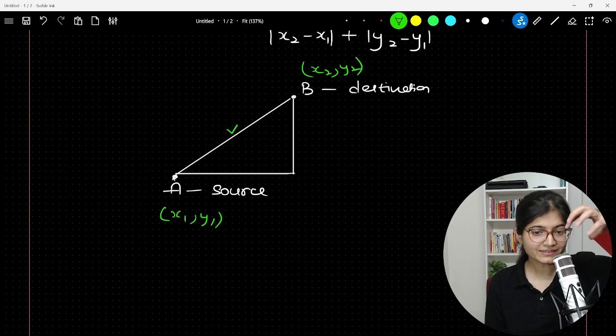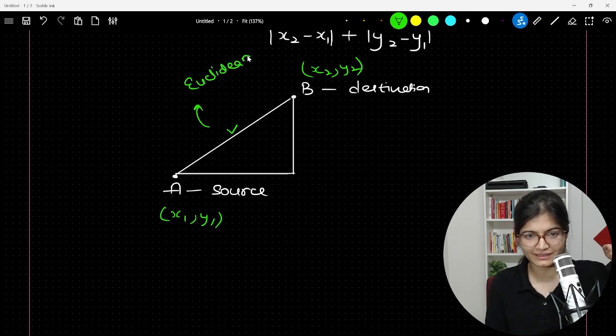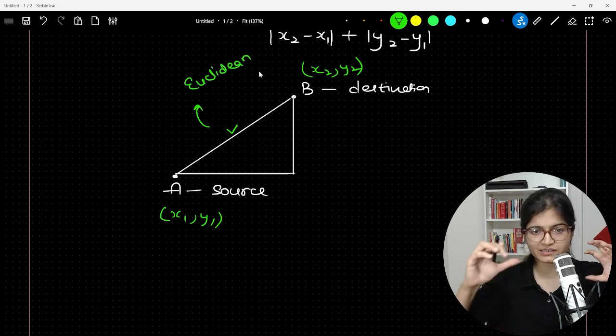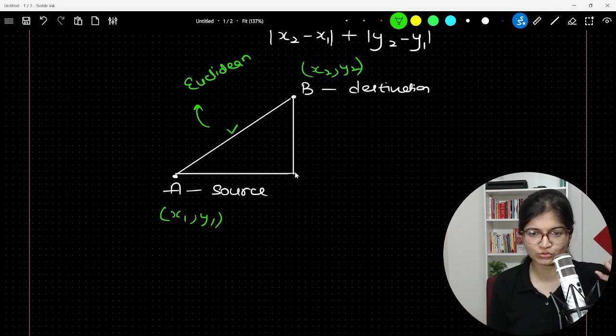This is what I'm representing with the green header, the Euclidean distance way, right? In this, you are saying that I will calculate the distance via the direct path. Why should I go from A to an intermediate point and then to B? So Euclidean distance is the direct path, which gives us the direct value.